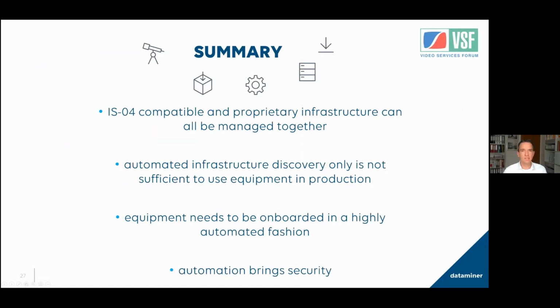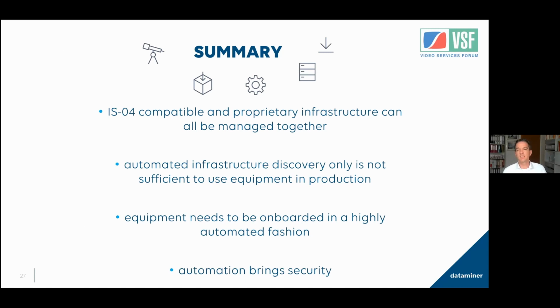As a summary, what we have seen is we can use ISO 4 compatible infrastructure and proprietary infrastructure together in a single system. That's good. ISO 4 is great to do that, but it's probably one part of the puzzle of a full inventory management system. And automated infrastructure discovery, as we said, is not enough. It's not sufficient to use your equipment in production.